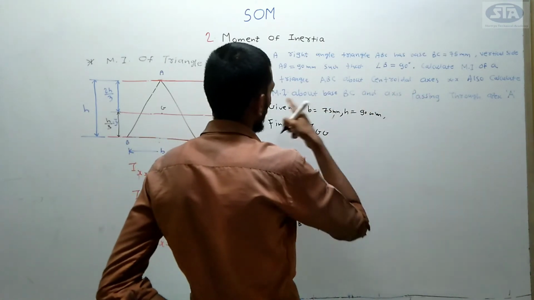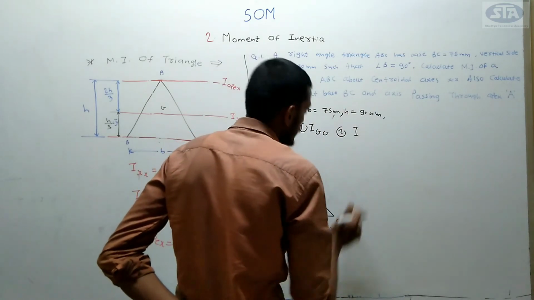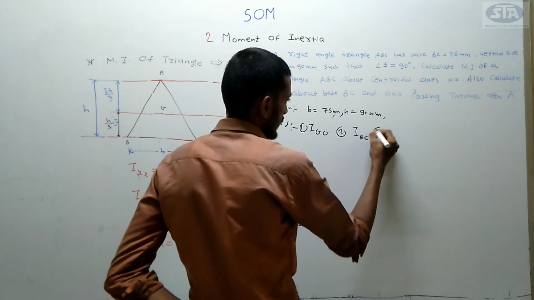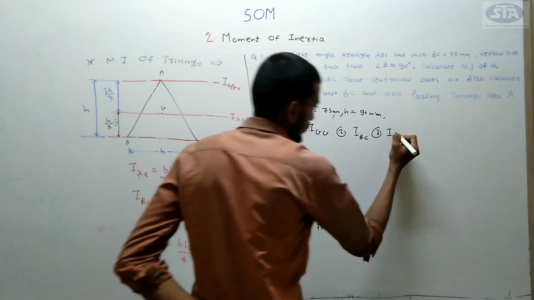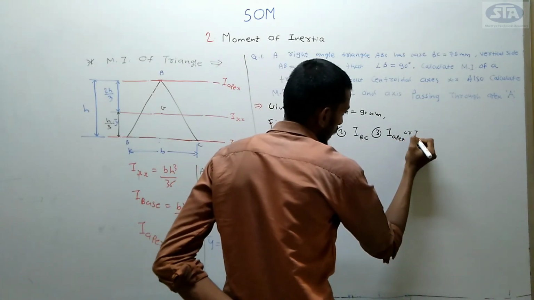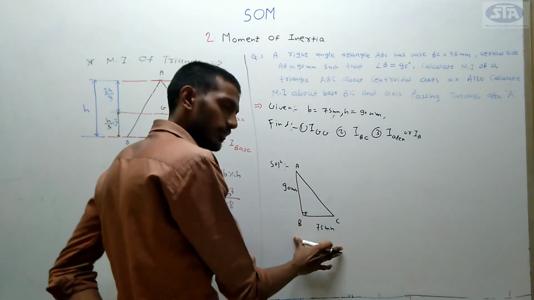Next, also calculate the moment of inertia about the base BC. And third, the moment of inertia about an axis passing through the apex A, or you can say about point A. So for this solution we already know the diagram.